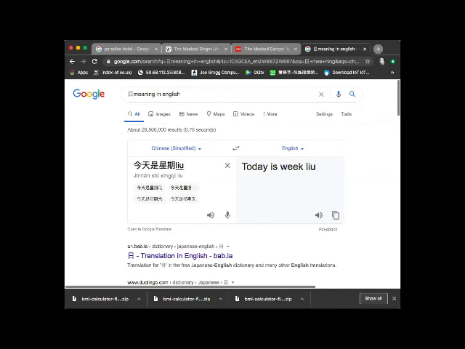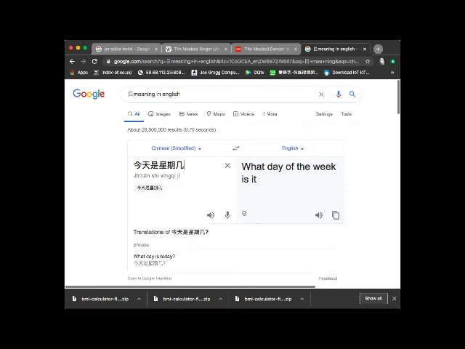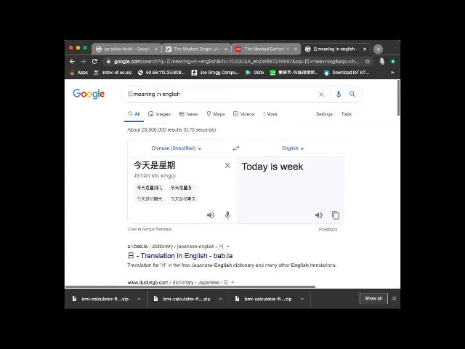If it's Saturday, we add 六, and it becomes 今天是星期六。 So the person asking uses 几, 今天是星期几, and the person answering uses the number, for example 五: 今天是星期五。 Today is Friday, so that's how you respond.